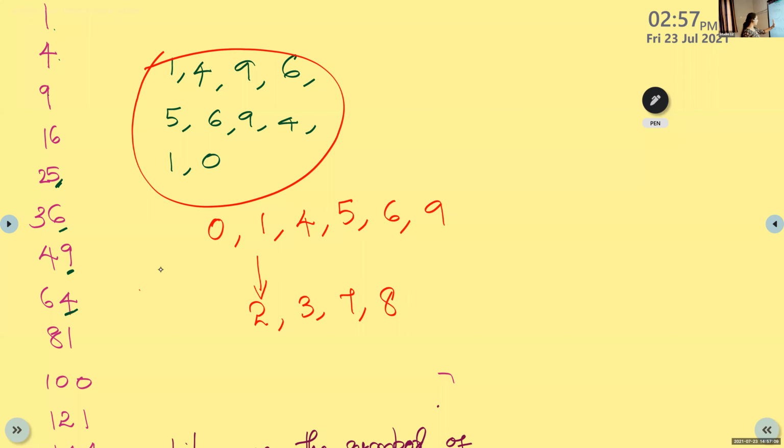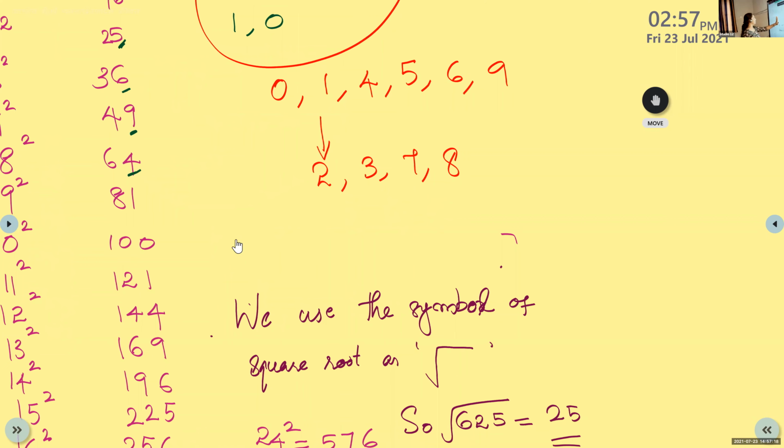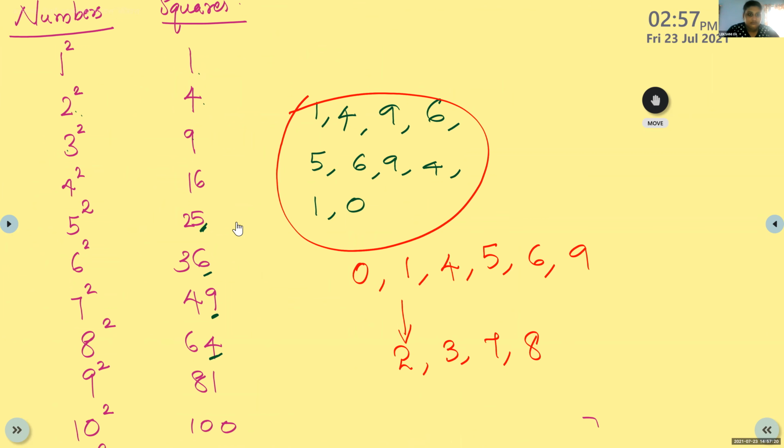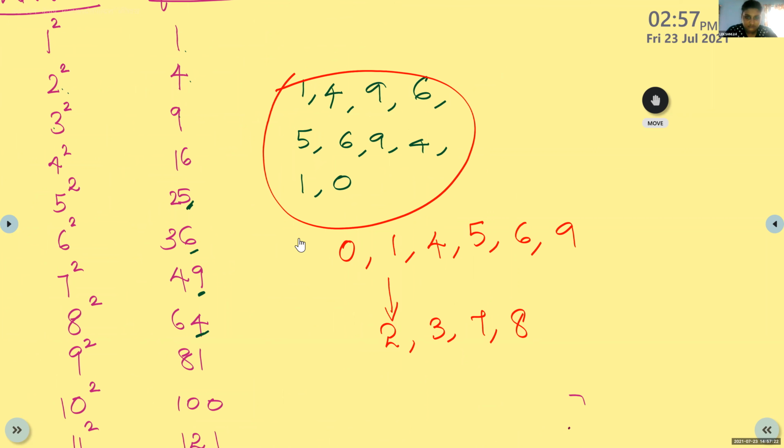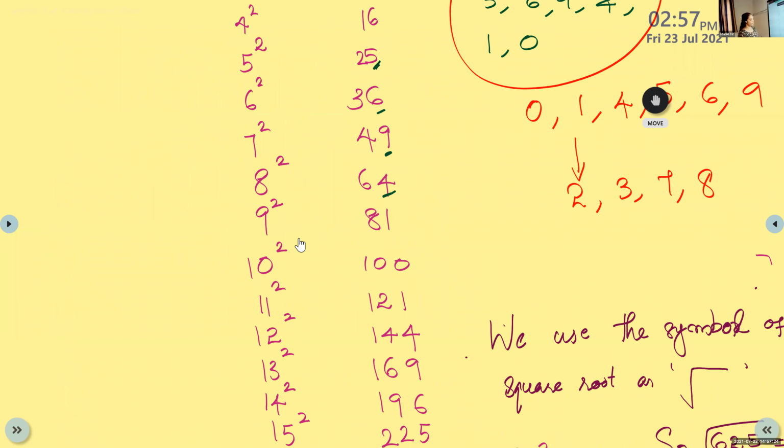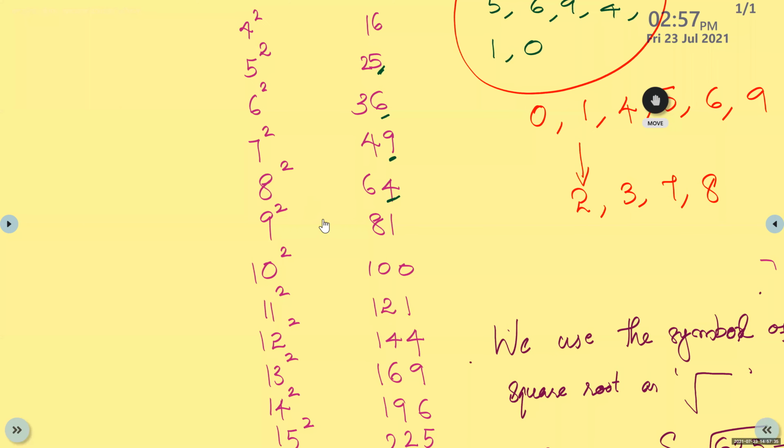Now look at the other numbers. Up to 10 only we finish, right? Yes, ma'am. Okay. Again, 11 square, 1, 4, 9, 6, 5.